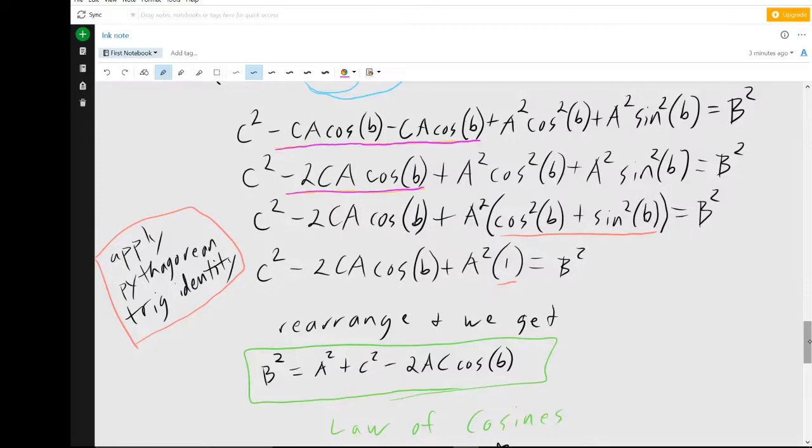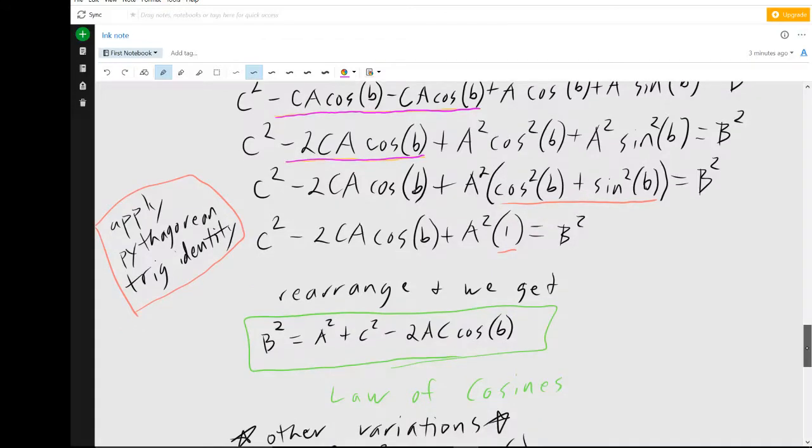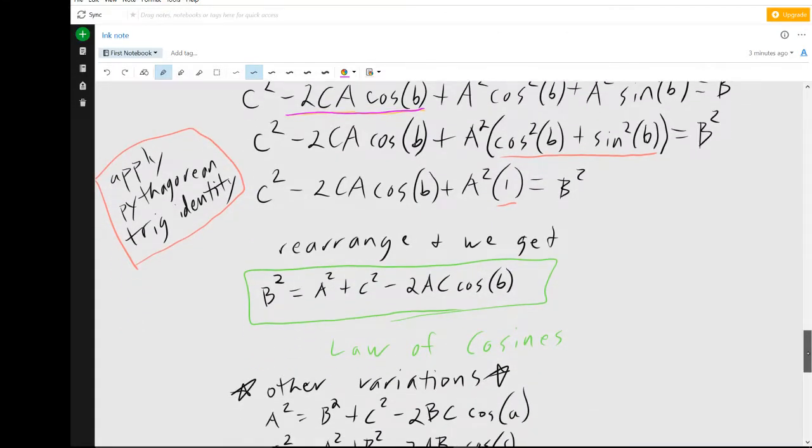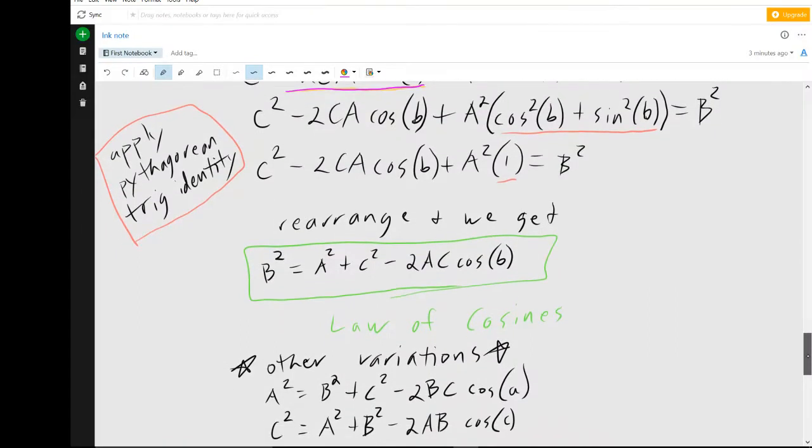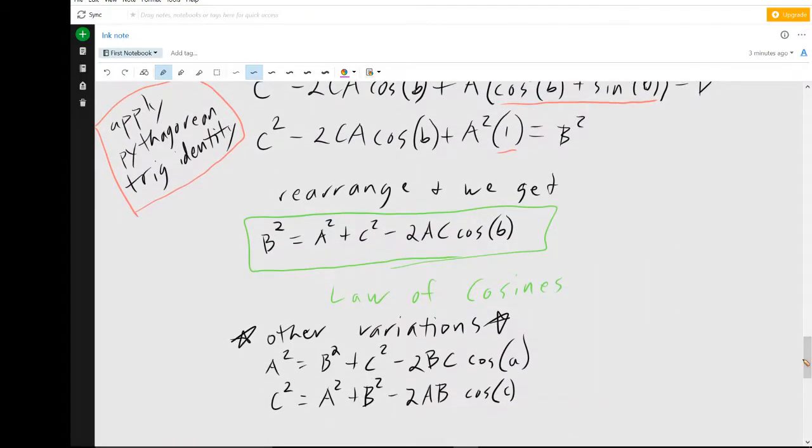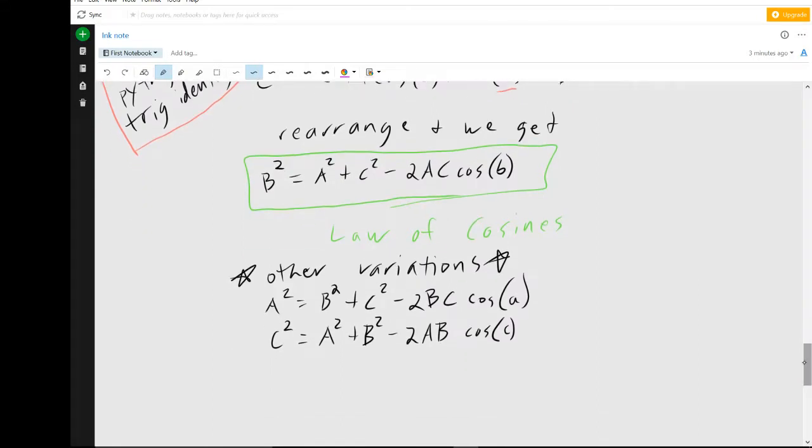Pull the a squared out, and then we have cosine squared plus sine squared, which equals 1. And we proved that when we created our unit circles in the first place. So we plug in a 1 there, and then all we have to do is rearrange. So b squared equals a squared plus c squared minus 2ac cosine b. And that is the law of cosines.